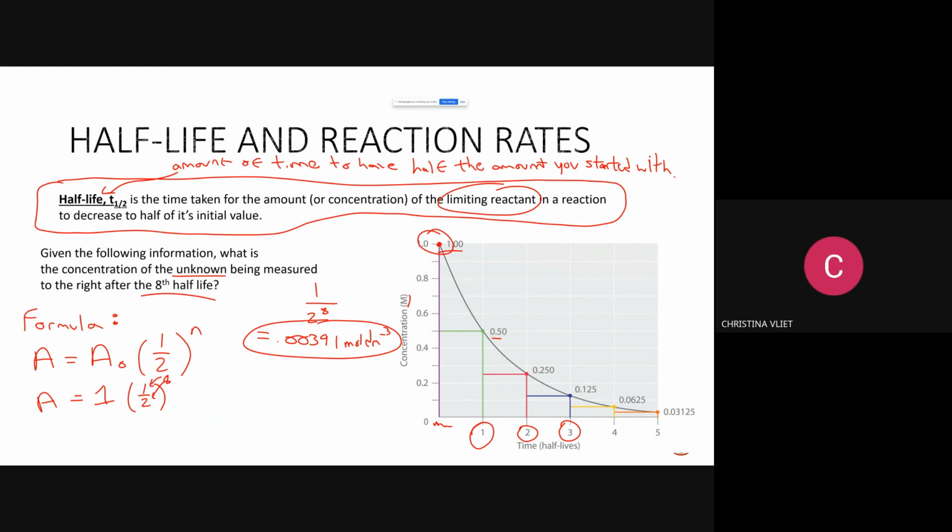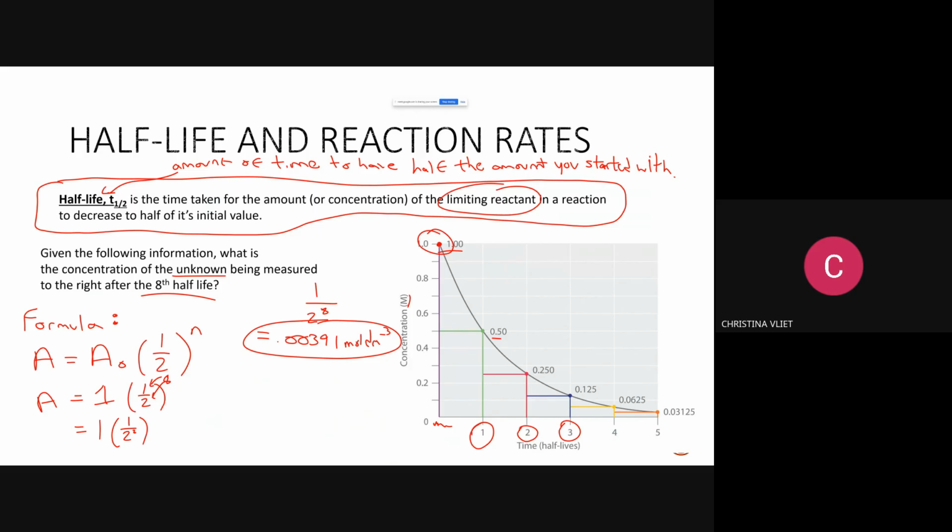But what's 1 to the 8th? 1. Disgusting. With math. So it would be 1 times 1 over 2 to the 8th, which is what some of you were able to successfully deduce in the first place. It would just be the same thing, which is 0.00391. But yeah, there's a formula you can use to come up with this.